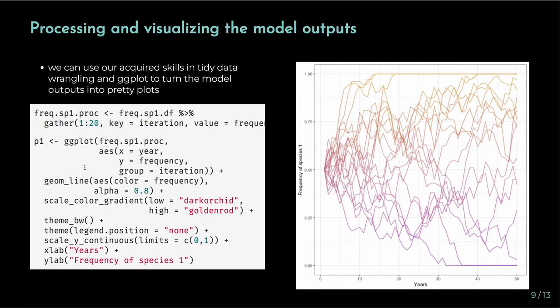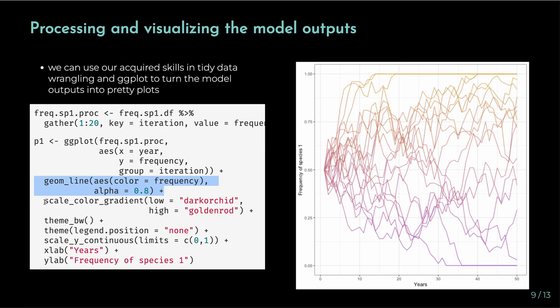And then we are plotting this using ggplot, where the x-axis is our year, the y-axis is our frequency, and then we're grouping this, and this is important. You have to specify that the group is the iteration.